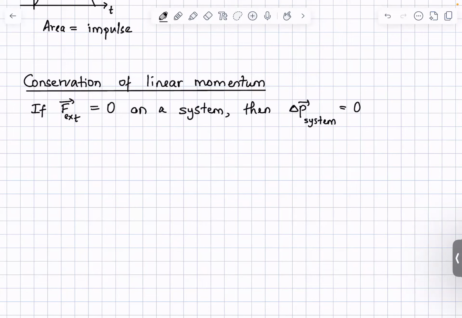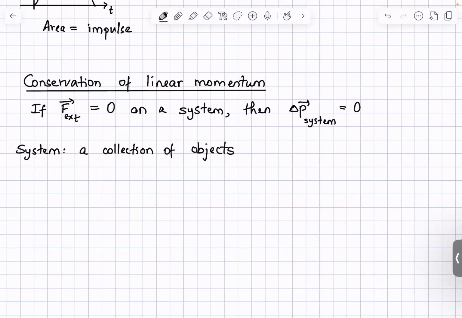Okay. So what do we mean by system? So system here refers to any collection of particles. So we could just say a collection of objects. If we are analyzing, let us say, the collision between two cars, we could consider both cars to be part of the system.